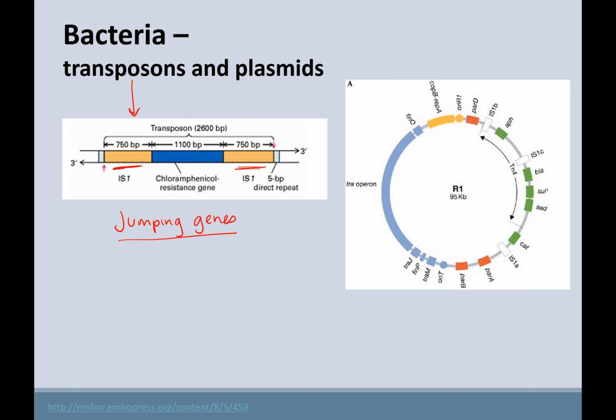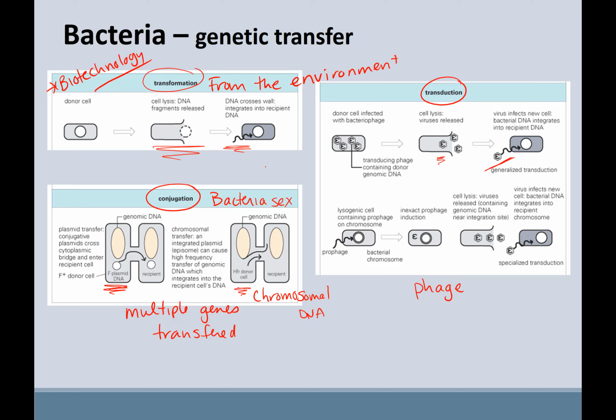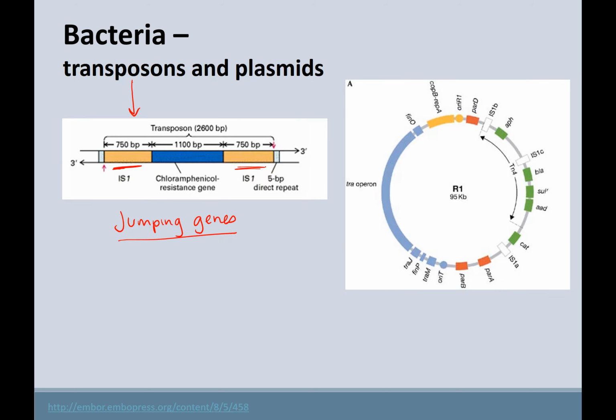Again, if you look back here, then you can figure out how these jumping genes could be transferred to other bacteria. And this is just an example of a plasmid. Remember, plasmids are self-replicating. They're outside the chromosome, so we call them extrachromosomal.